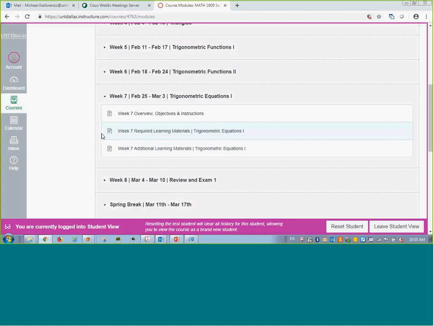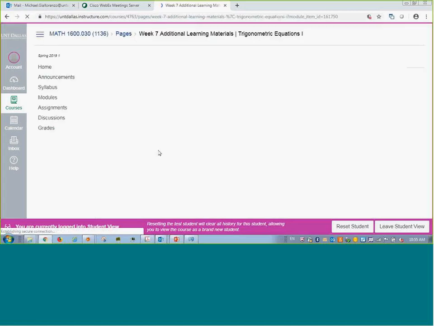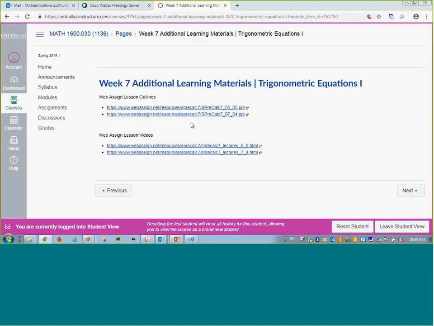This kind of goes like before and after. Additional learning materials here should be before, and students are advised to go through published lesson videos and notebooks as posted here. And let me show you some of those.